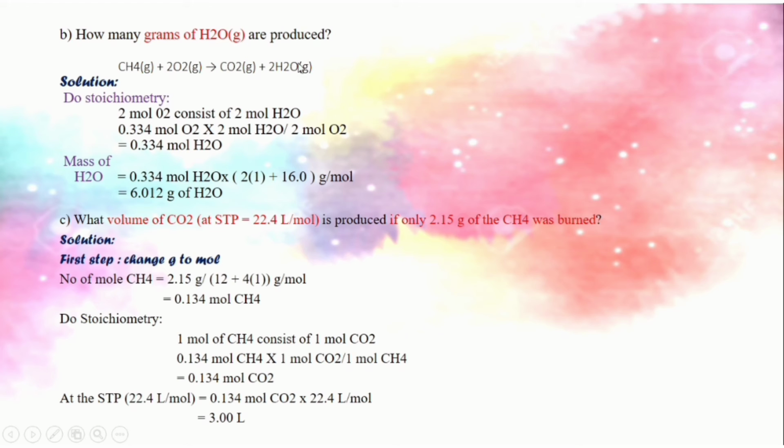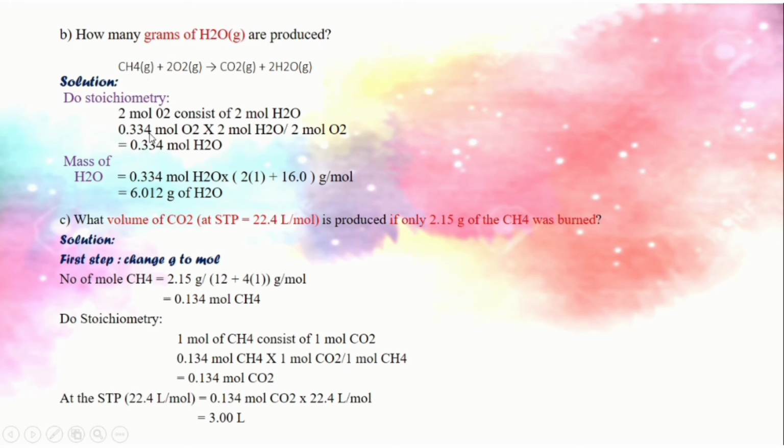For how many grams of H2O are produced, we use the same equation: CH4 reacts with 2 oxygen and produces carbon dioxide and 2 H2O. We do the stoichiometry because, before this, we had found the mole of oxygen, so we just use it. 2 mole oxygen gives 2 mole H2O.